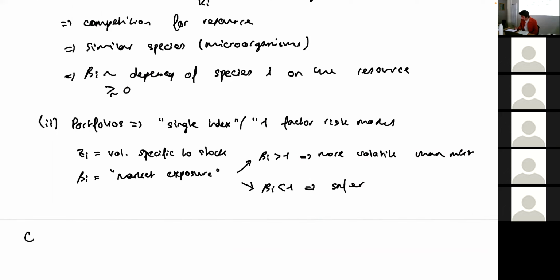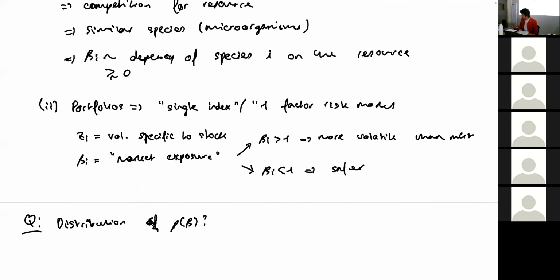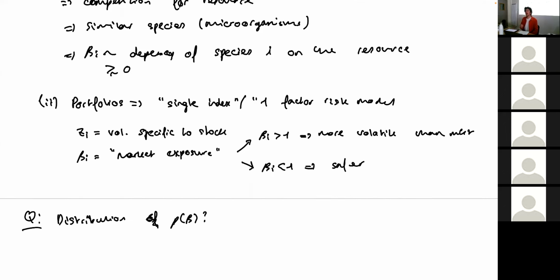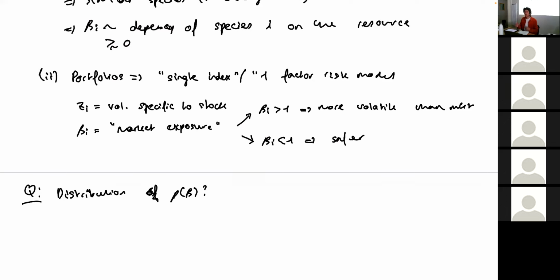All right, and so then the question, I've been talking about these betas all the time, is what's the distribution of the beta i's? So the distribution rho of beta, I'll note it. So right off the bat, we take beta i's to be identically distributed but independent. And so as I said, we have kind of a shopping list, which is we need an average value or typical value.